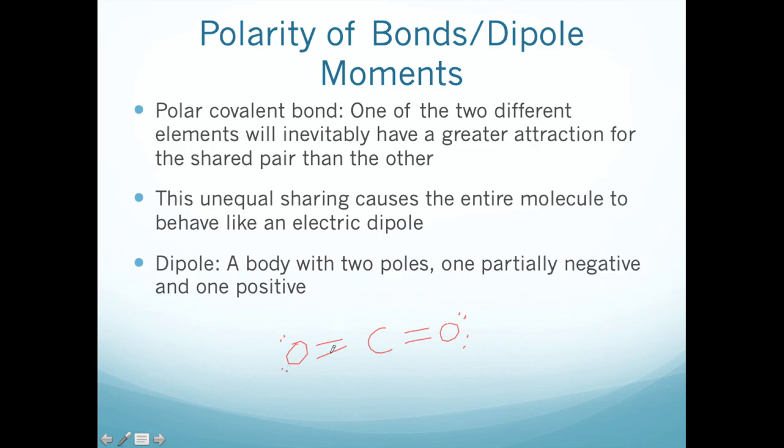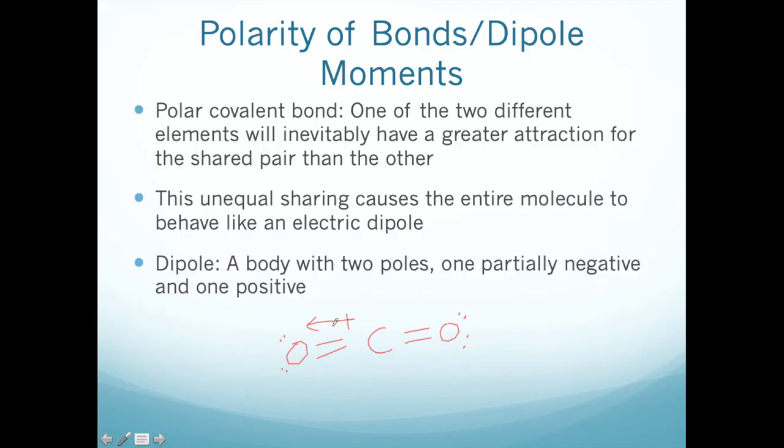Now, let's look at each of these bonds individually. If I look at just this carbon-oxygen bond, just like our carbon monoxide, we're going to have a dipole moment going this way, right? This oxygen over here is partially negative, and so it's going to pull that electron density in that bond towards it. This is not a pure covalent bond. This is a polar covalent bond, and it's polar pointing towards the oxygen.